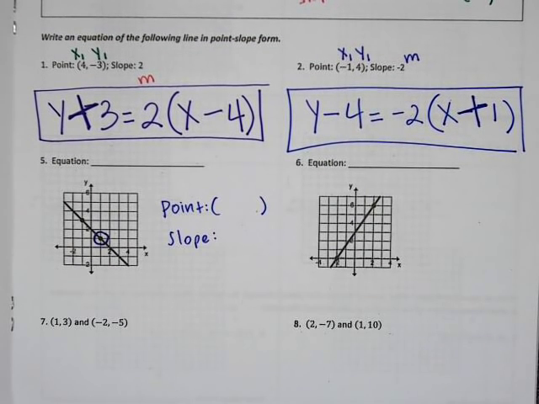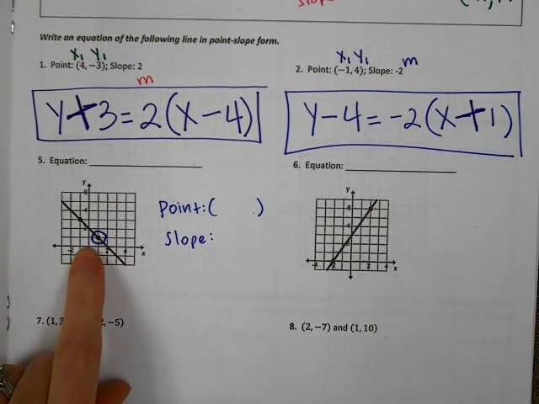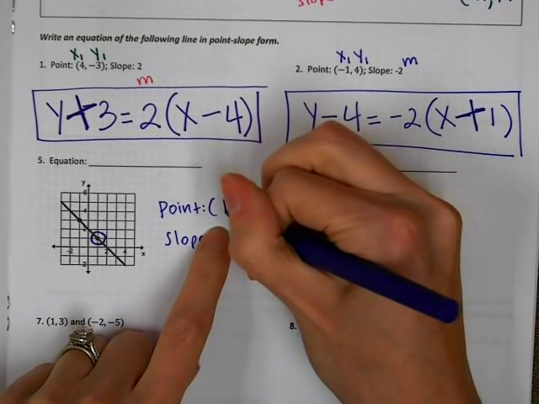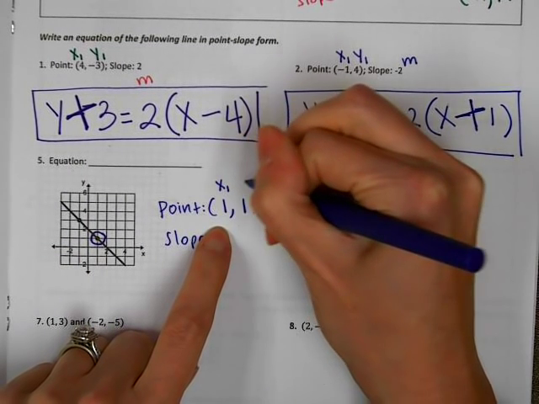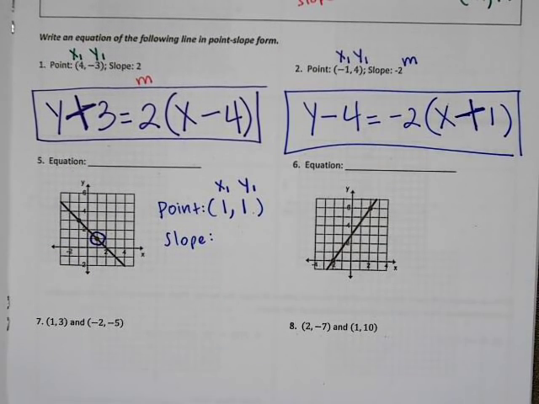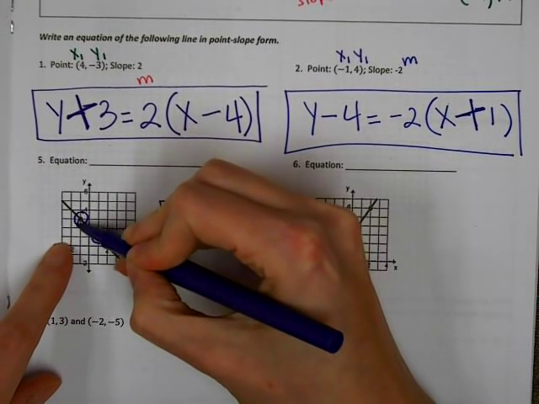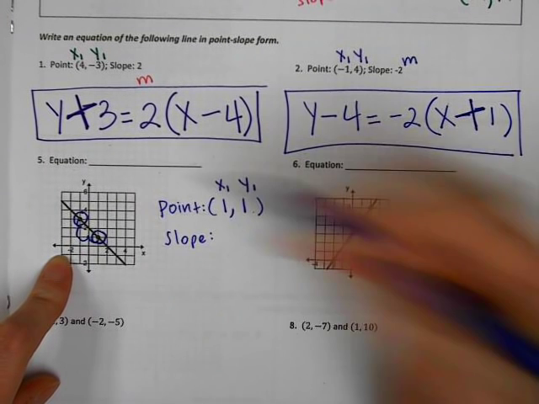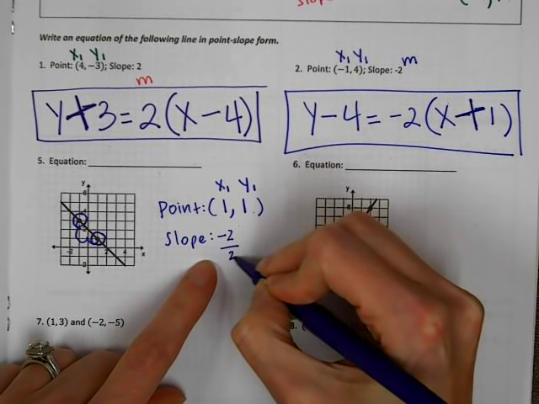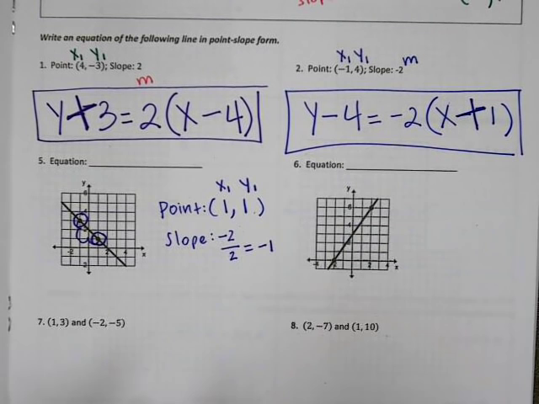All of these answers are going to have multiple ways to write it, depending on what point you pick. If we pick this point, it's at 1, 1. So that's going to be our x1, y1. And then the slope, we actually have to count rise over run. It's going down 1, to the right 2, and that reduces to negative 1.